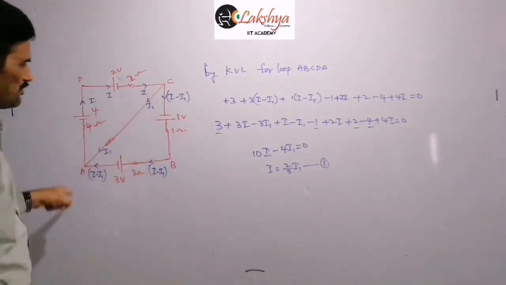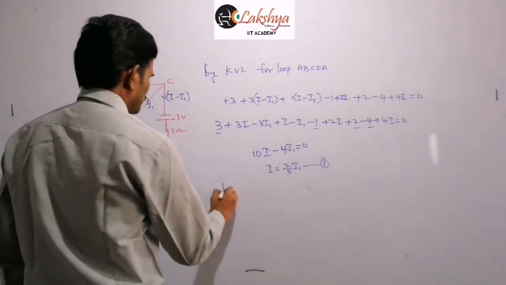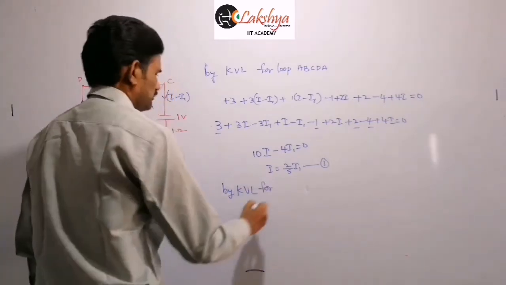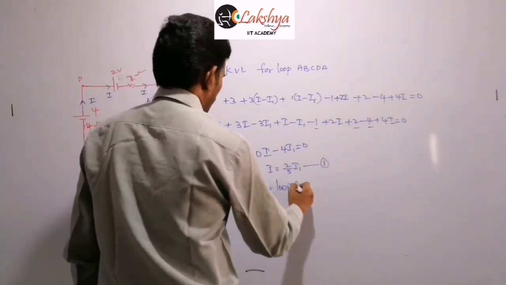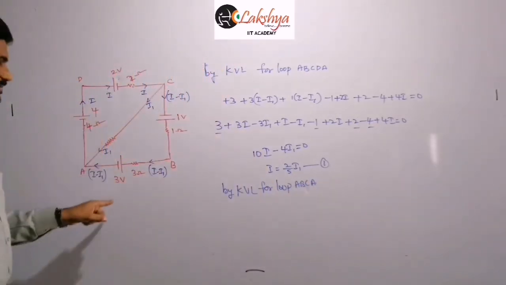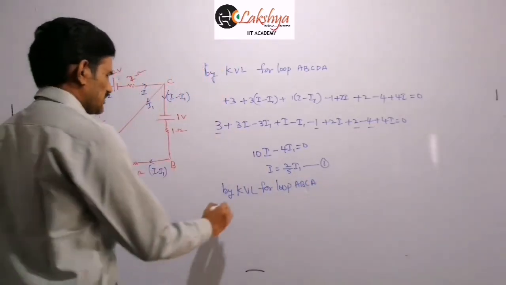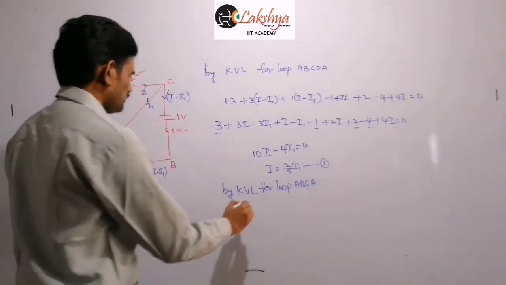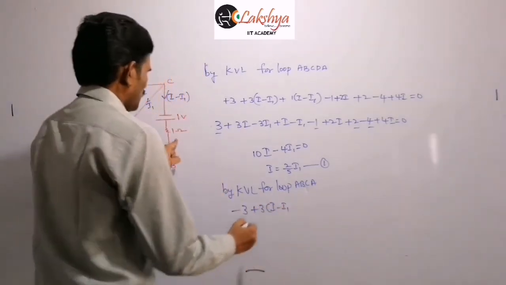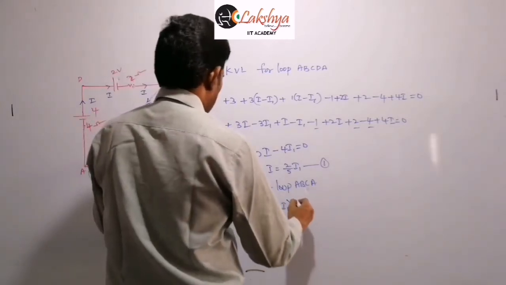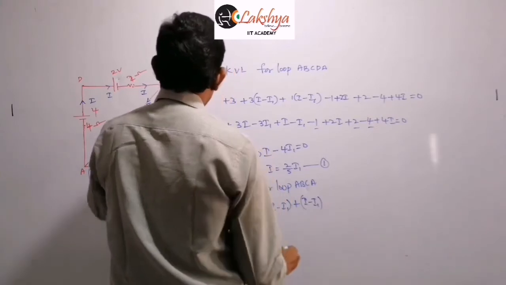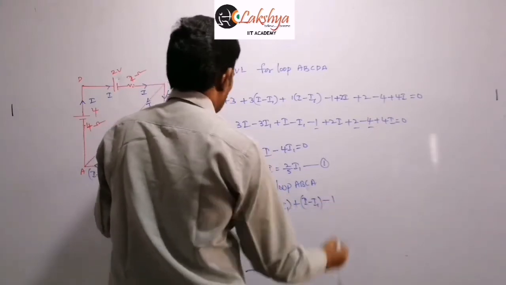Suppose I am taking this ABCA loop. By KVL for loop ABCA, for this loop we are applying here simply, and again we are traveling like this. So it is minus 3 plus 3 into I minus I1, and this is again plus I minus I1, and then it is minus 1.